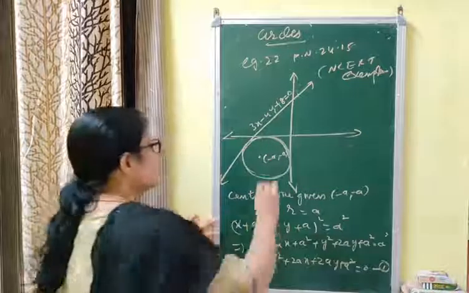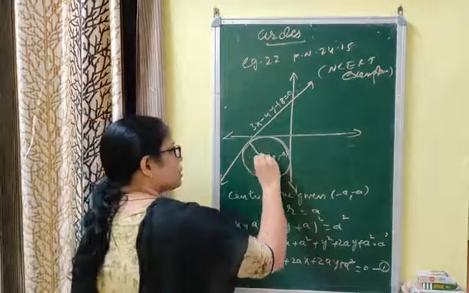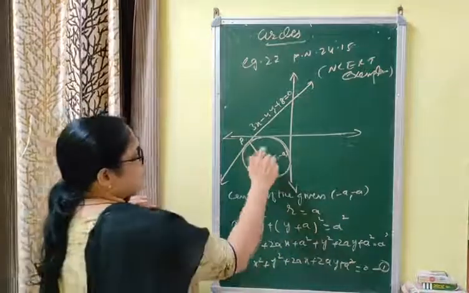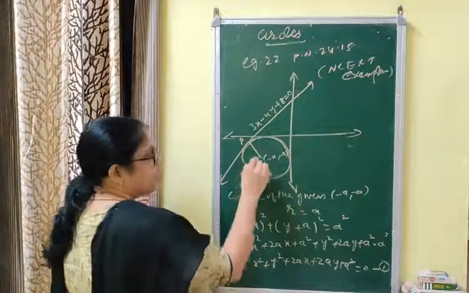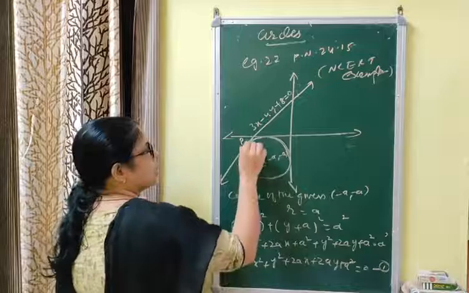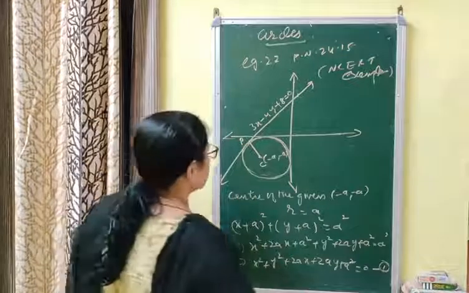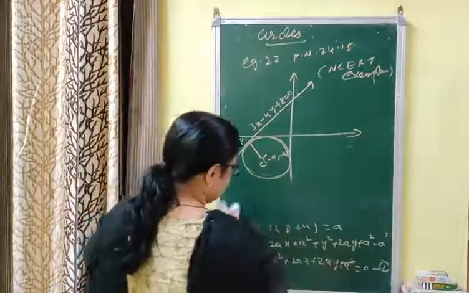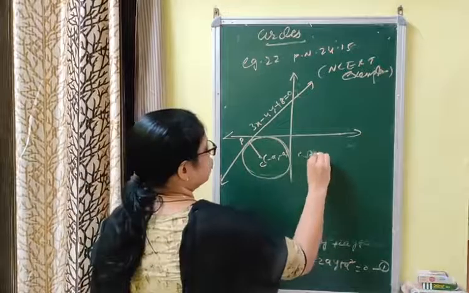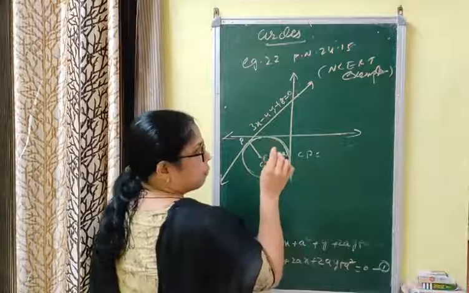Now see, if I draw a perpendicular from this center to this line, this becomes the radius. Here the perpendicular distance of a point from a line will give you the radius, since the line touches the circle at the point P. Now why can we find the radius? We have assumed radius equal to a. CP is equal to mod of ax1 plus by1 plus c upon root a square plus b square.